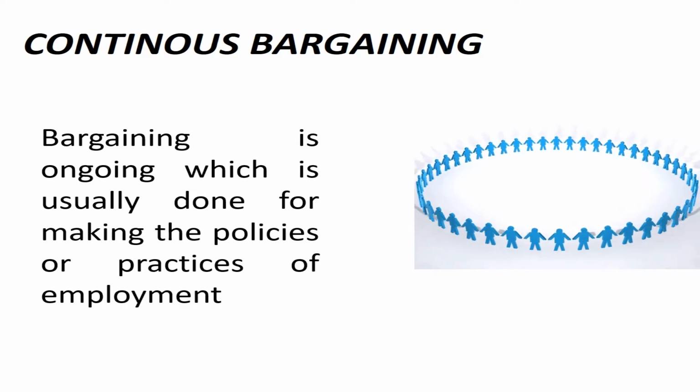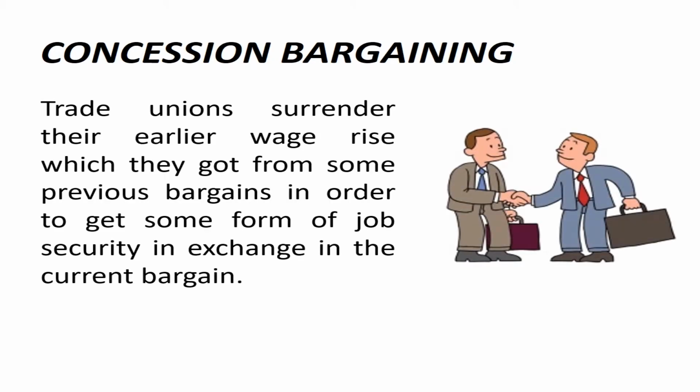Second method is concession bargaining. In this method, trade unions surrender their earlier wage rise, which they got from some previous bargains, in order to get some form of job security in exchange in the current bargain.